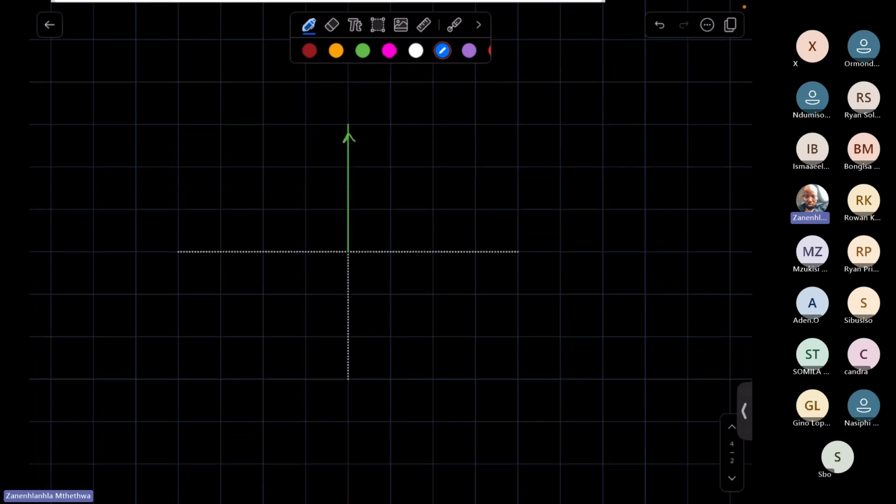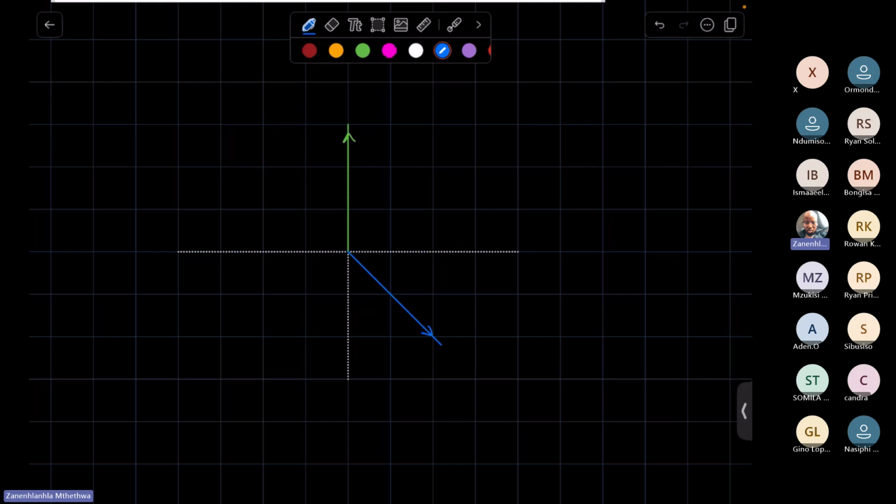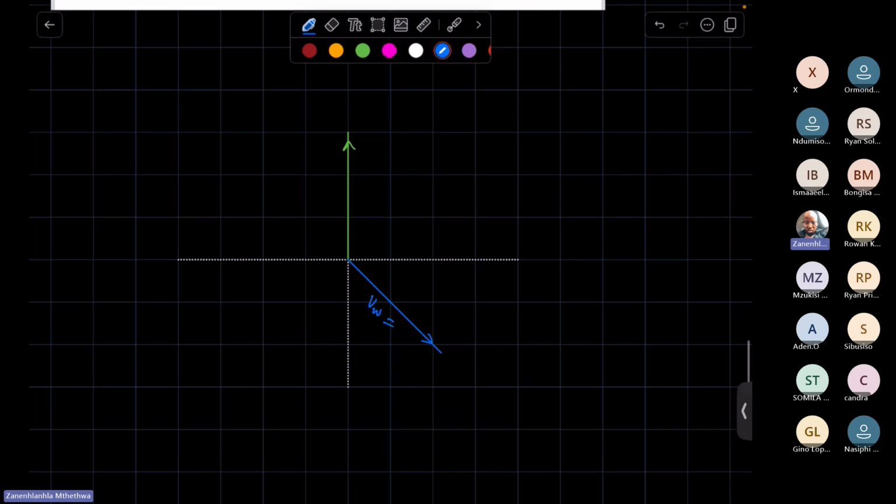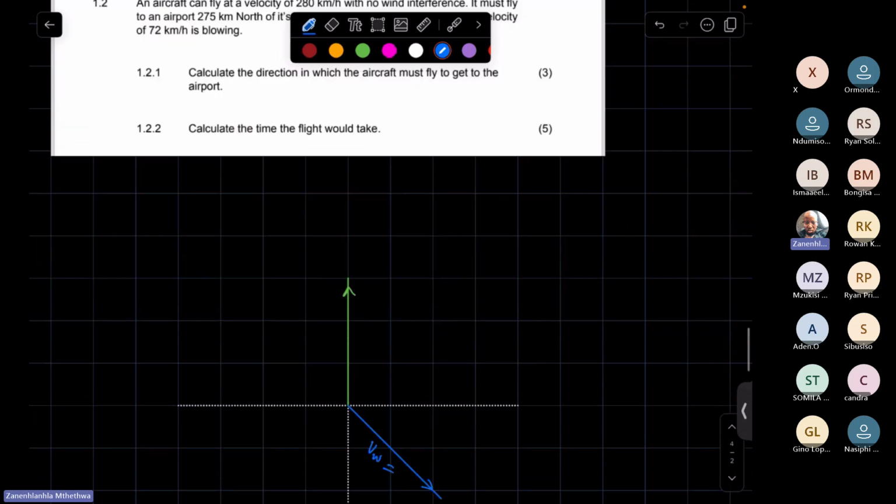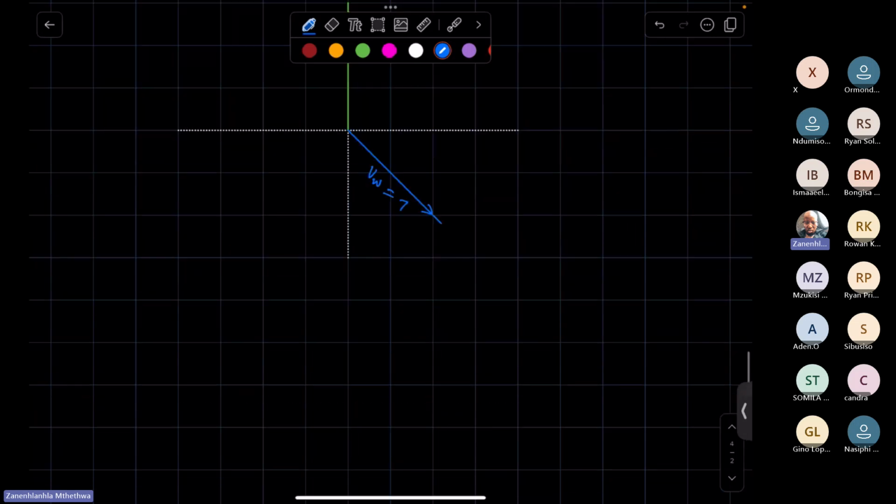So this wind vector is somewhere here, 45 degrees, somewhere there. So this is going in that direction. This is VW, the wind vector, and VW is 72 kilometers per hour.